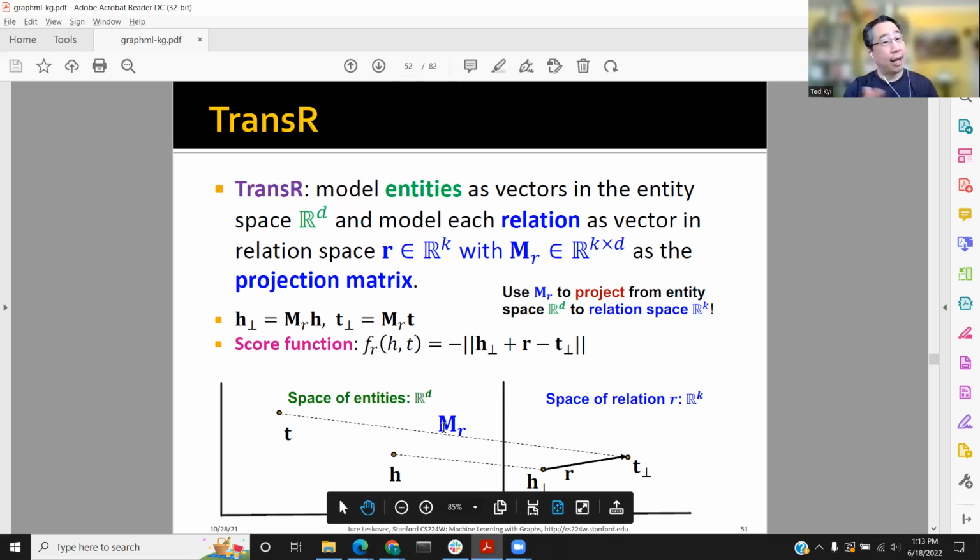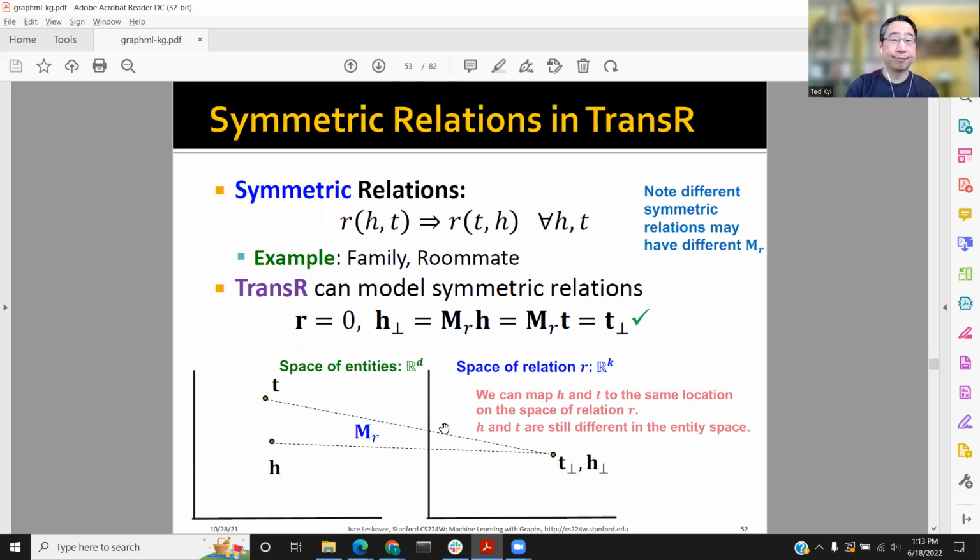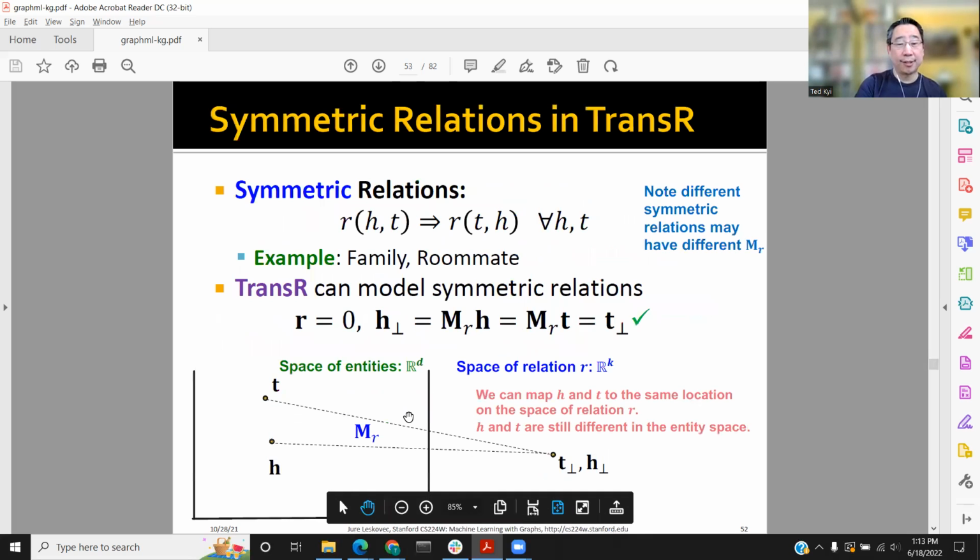But the question is, are there a couple of new things that we might be able to get to work using this? So how about those symmetric relationships, the whole roommate thing? Theoretically, we're not saying this will work when you train your model, but theoretically it can work, because even though you have two different roommates with different embeddings, the mapping matrix M could map them to the exact same point.